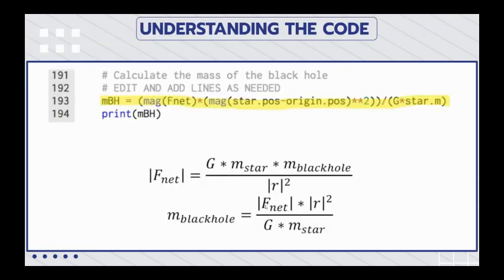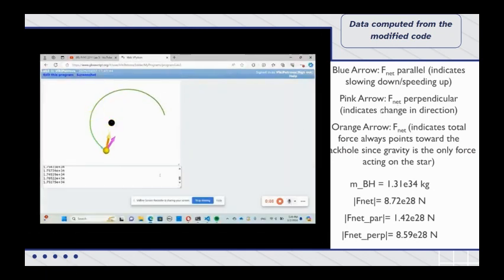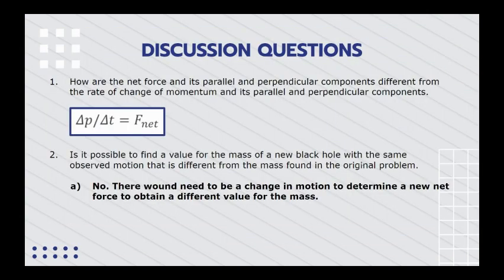You can see Fnet here, R here, and so this is the modified code. As you can see, the pink arrow represents Fnet perpendicular, Fnet parallel is represented by the blue arrow, and the orange arrow represents the total force, which always points towards the black hole, as it's obviously experiencing the gravitational pull from it.